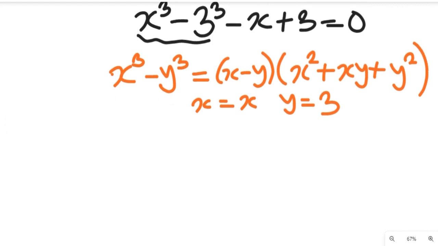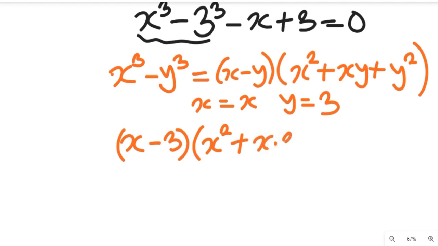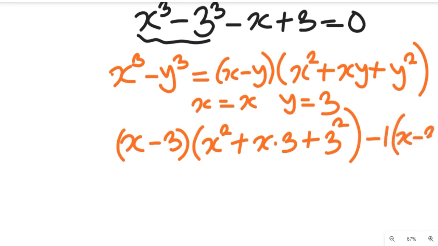If we apply that up there with that equation, we're going to have x minus 3 on one hand, and then we'll have x squared plus x multiplied by 3 plus 3 squared minus, this will give us minus 1 if we simplify this, x minus 3, and all this will be equal to 0.